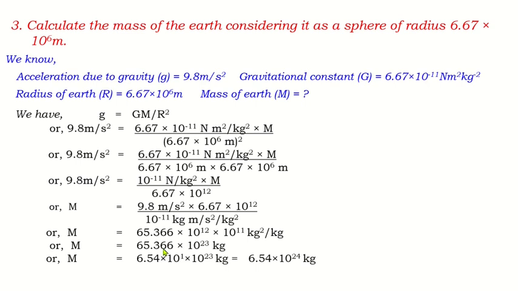If the third digit is 5 or more than 5, 1 can be added to 3, and the same is done here. 6.54 into 10 to the power what? 24 kilogram. This is our final answer. So I can write, therefore mass of earth is 6.54 into 10 to the power 24 kilogram.